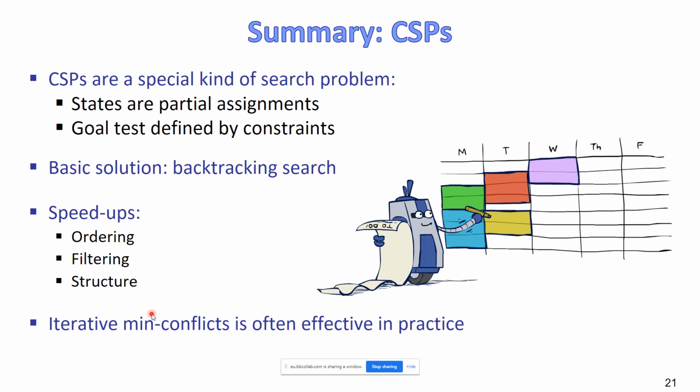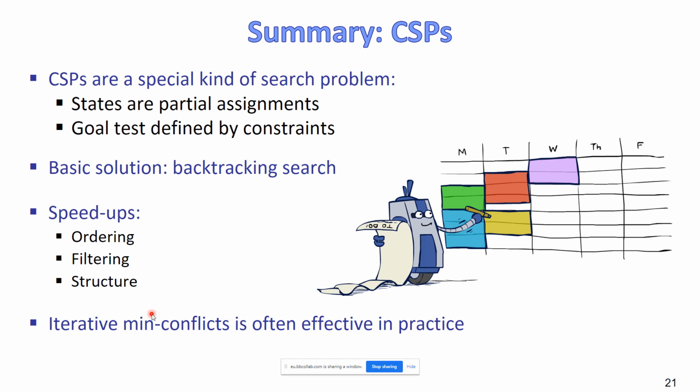The basic solution for CSPs is backtracking search. We studied multiple ways of making it more efficient: ordering of variables and values, and filtering, in which we studied forward checking and arc consistency, which look ahead in the future before making the next assignment of a variable. And also we exploited the structure.